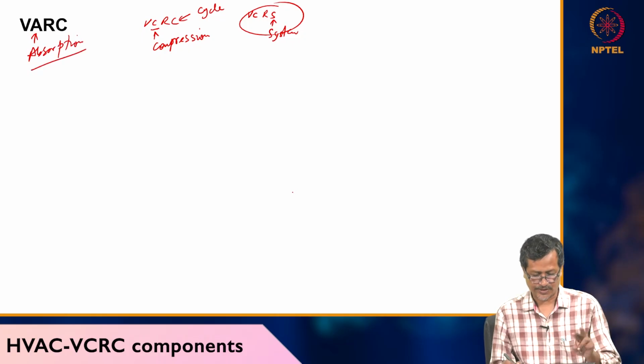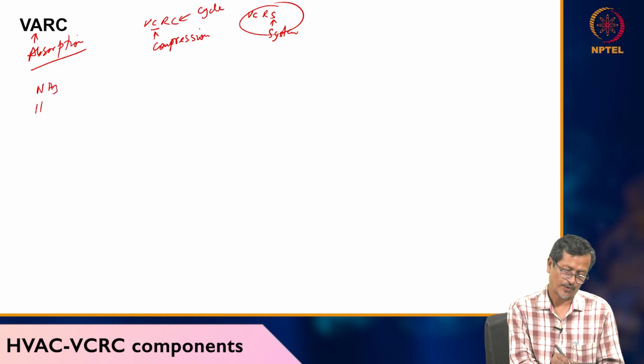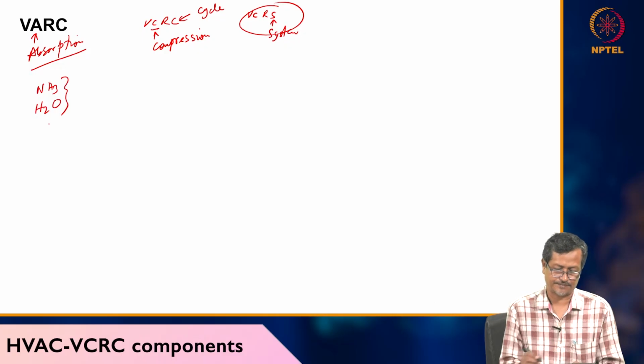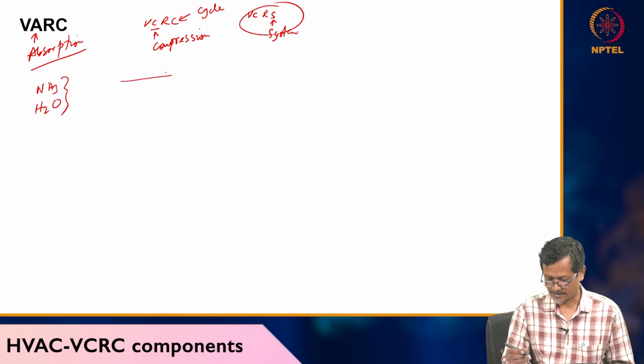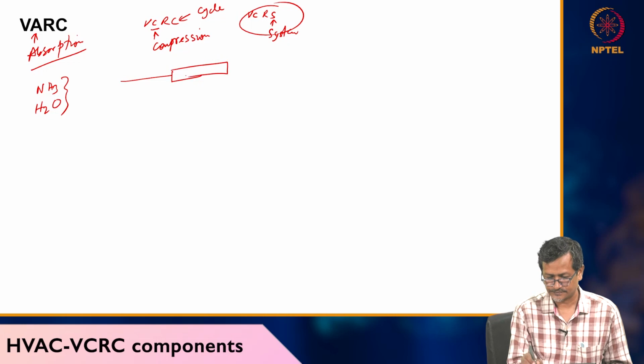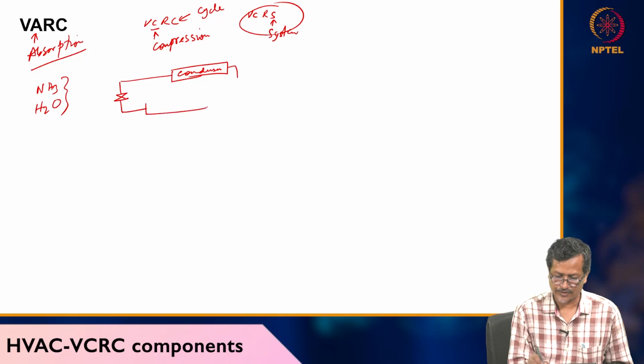Basically two types of systems will be there. One is the ammonia refrigerant system, another is the water refrigerant system. How does the system look? It will again have a condenser. The condenser fluid will be throttled, then it will go to the evaporator.